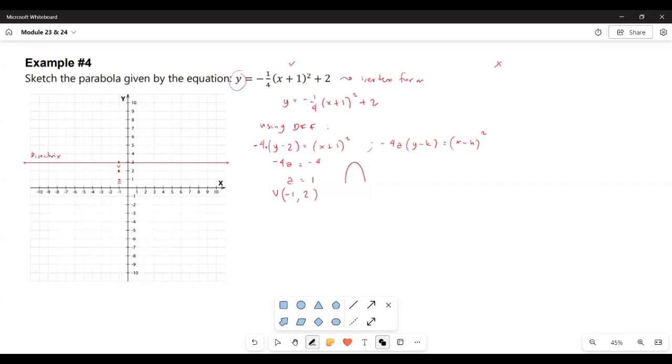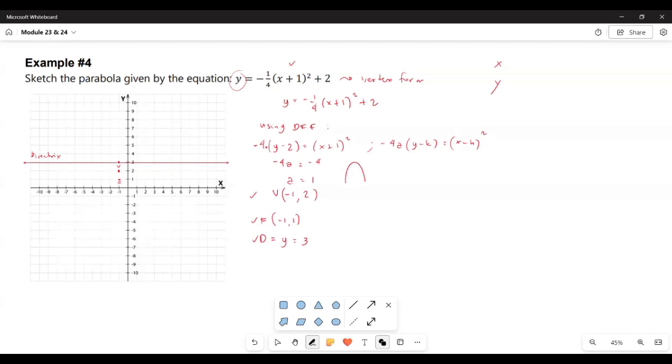Isusulat ko lang din para masundan natin. Yung focus natin is nasa (negative 1, 1). And then ang ating directrix ay nasa y is equal to 3. Okay? So yun yung mga parameters natin. So magsi-set tayo ng values ng x, and then i-substitute natin sa equation para makuha si y.